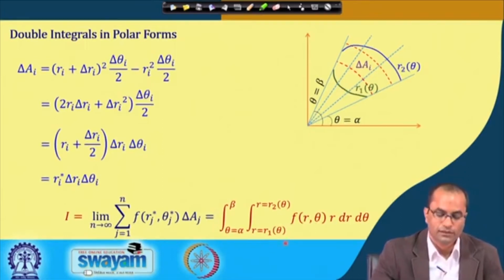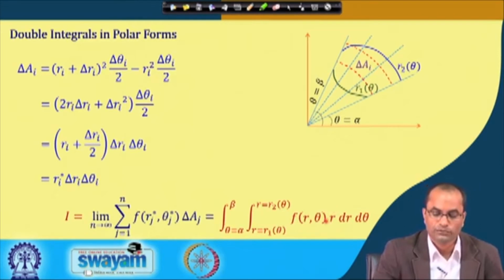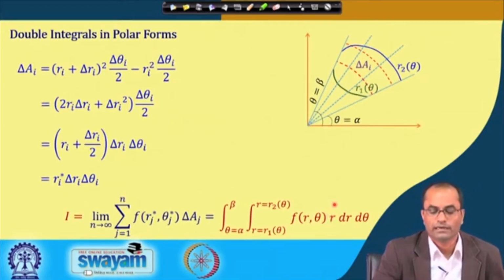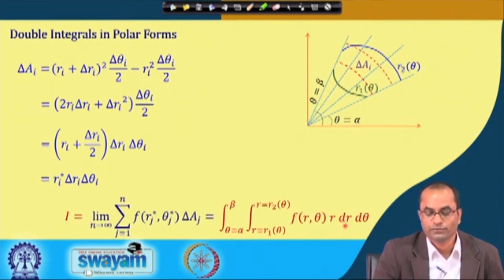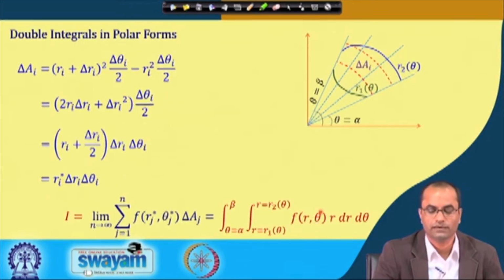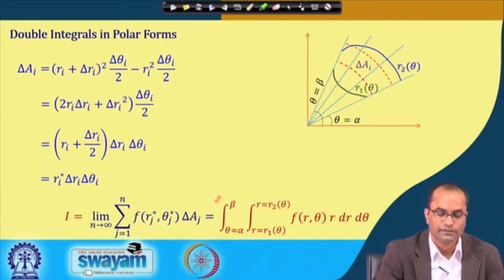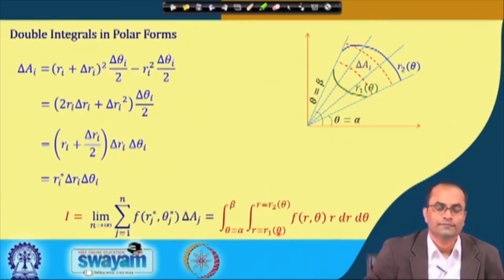These are the limits for r and theta, and we should note that this r factor has come as an extra in comparison to the Cartesian coordinates, where we used to have just dx and dy. So, here also we have the function evaluated at the coordinates r, theta, and there will be the additional factor r and then dr d theta, and to cover the region we have to consider these ranges for theta and r.